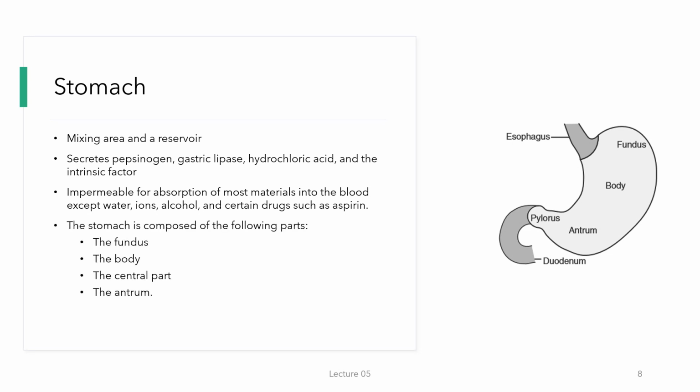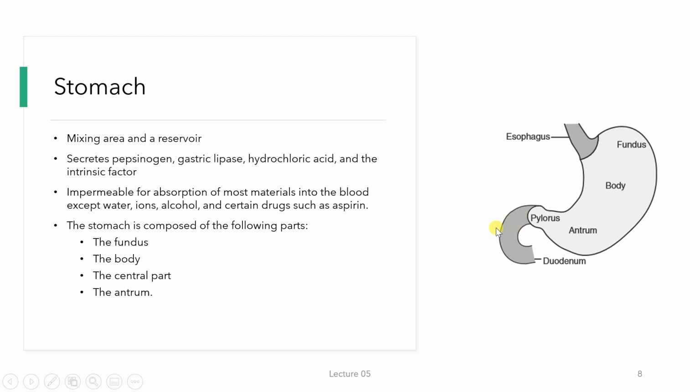The stomach is composed of the following parts: fundus, body, the central part, and the antrum. The pylorus is an anatomical sphincter situated between the most terminal antrum and the duodenum.